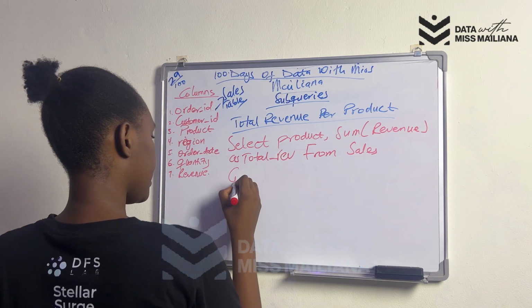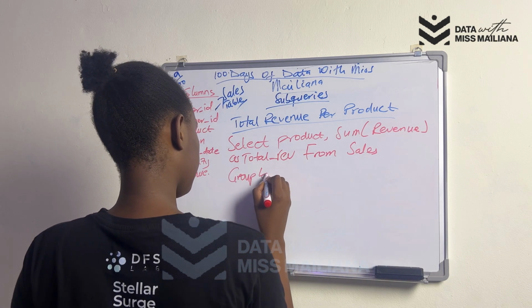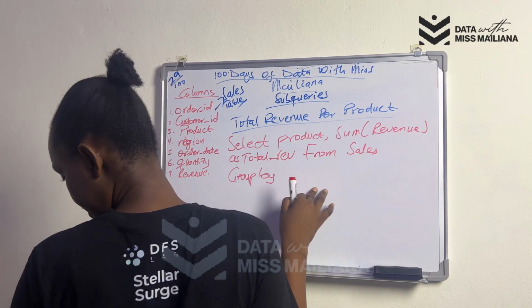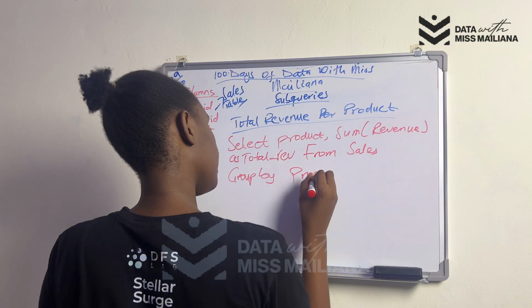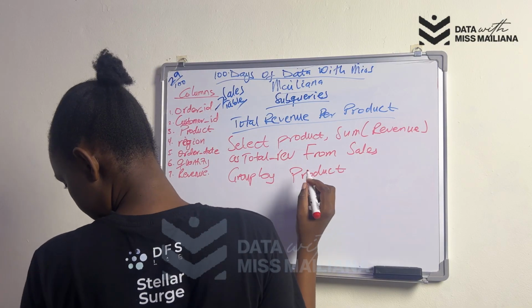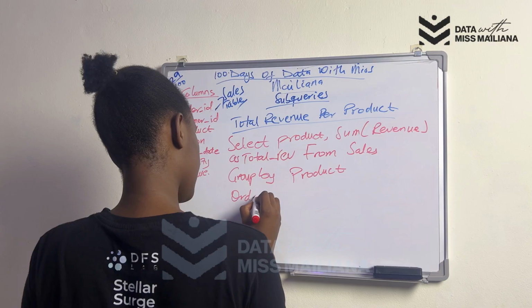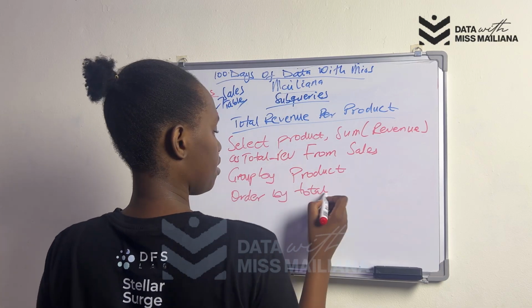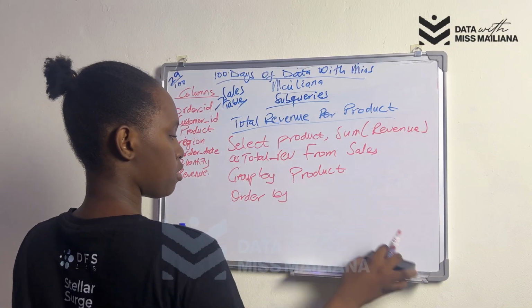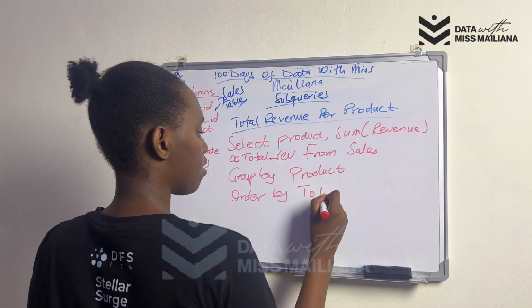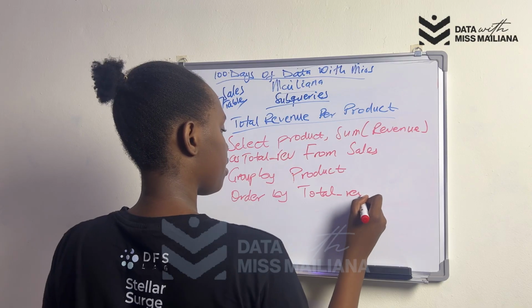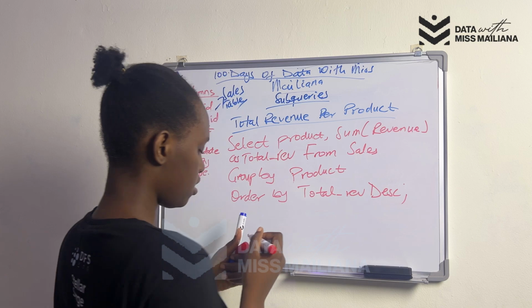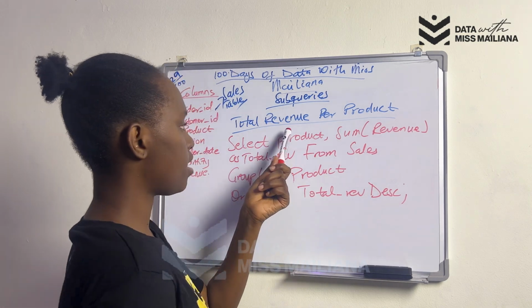Then we group by product, and we order by total_revenue, always remember your spelling has to be the same, in descending order.